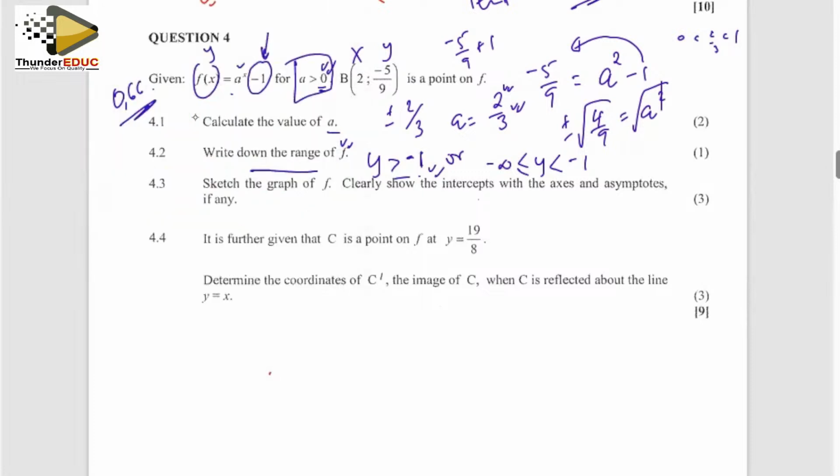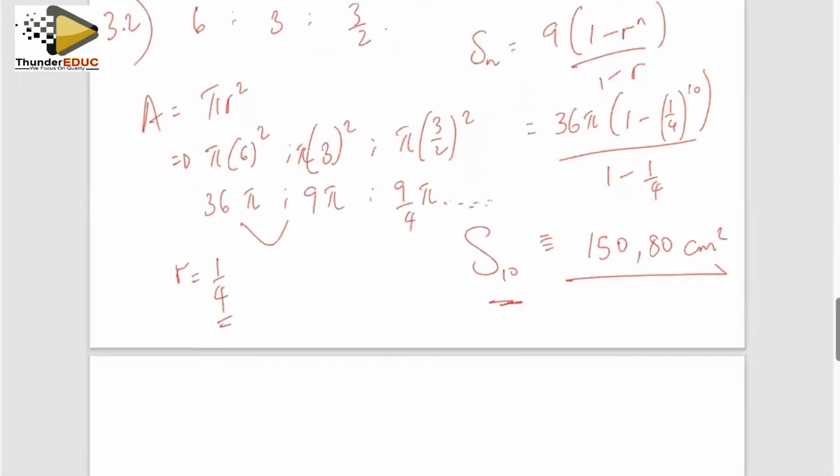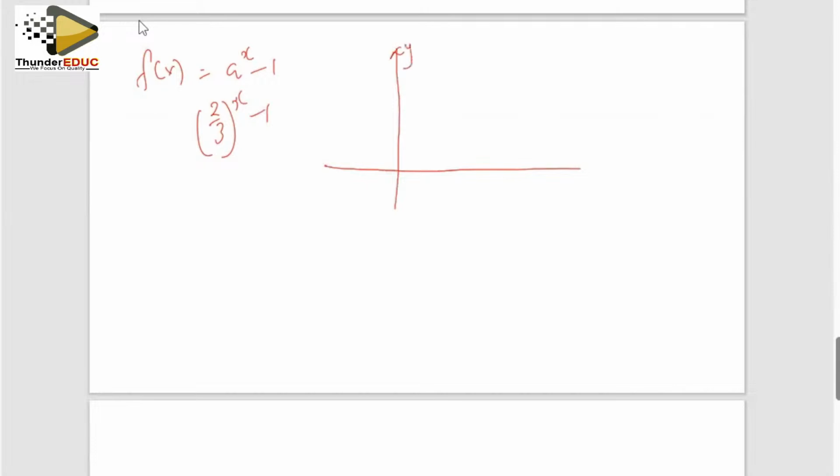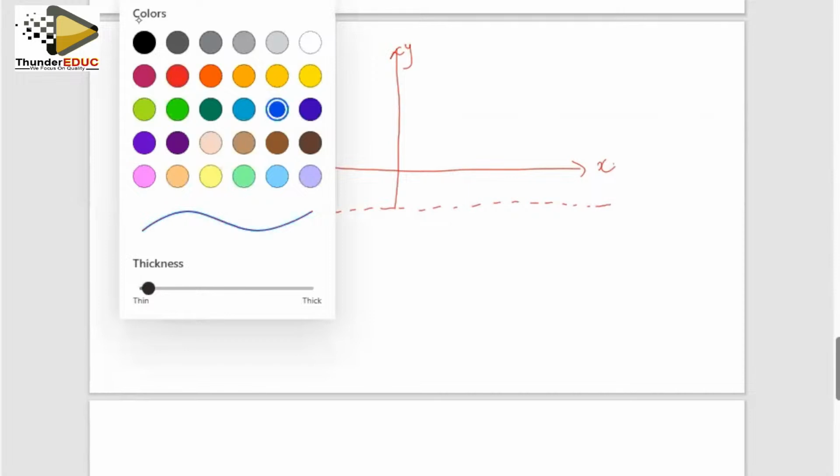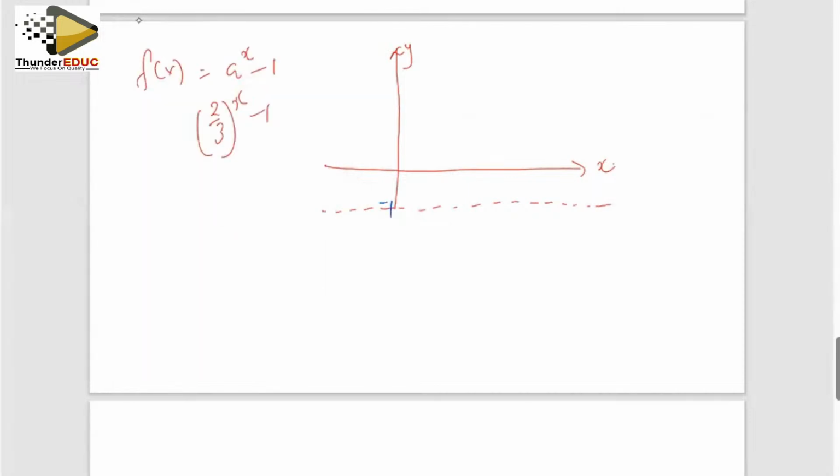All right, then 4.3, they want us to sketch clearly. So let me just clearly sketch it this side. F of x is a to the x minus 1. Remember, I said a is 2 over 3 to the x minus 1. So since it's a sketch, have your y and then have your x. They told us the asymptote is negative 1. Okay, so if the asymptote is negative 1, just indicate that.